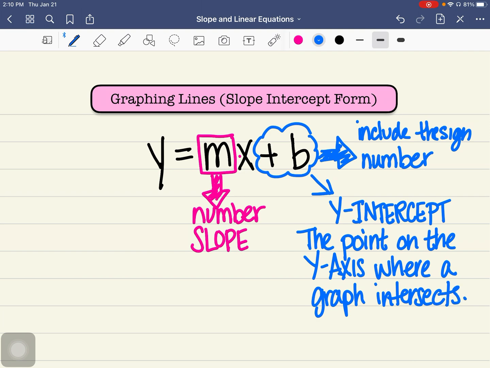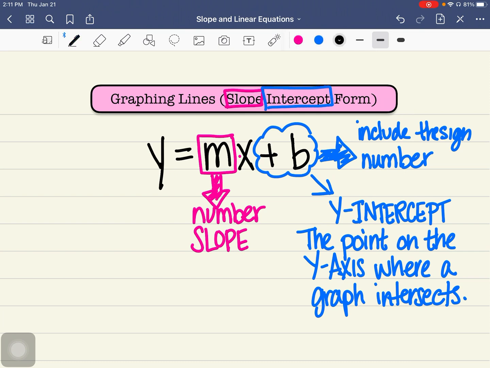So it's where the graph intersects the y-axis. It can be any kind of graph, but these will specifically be lines. That is why this is called slope-intercept form, because slope is our m and y-intercept is our b.